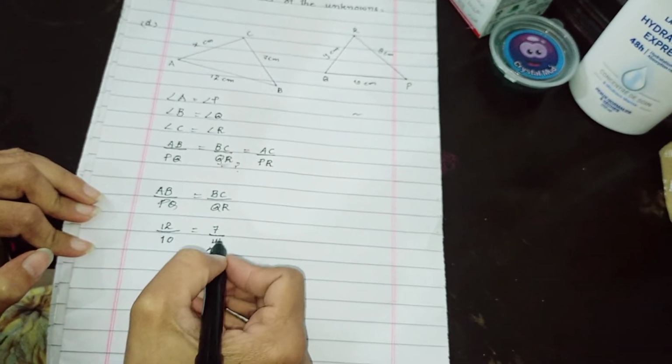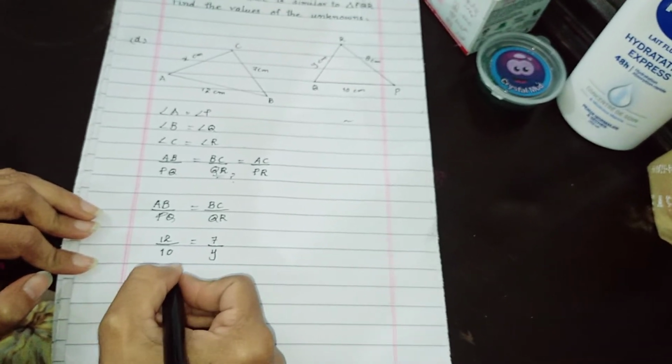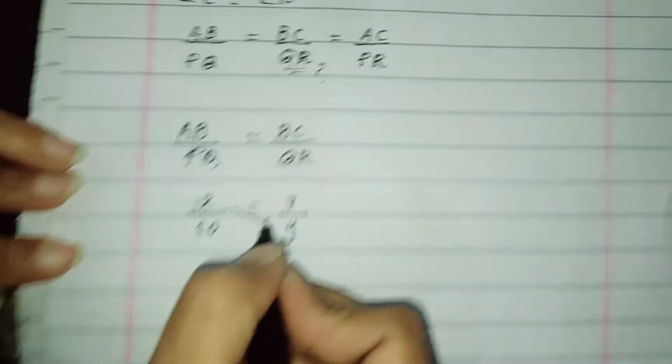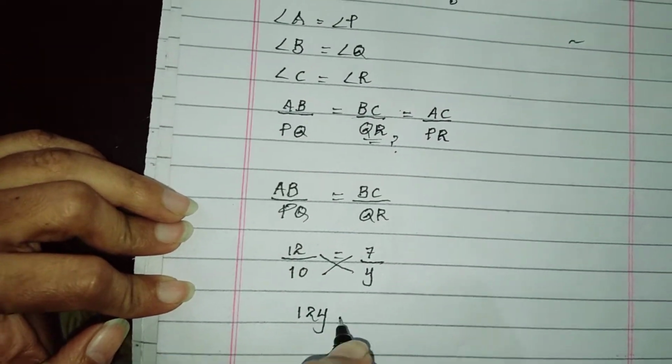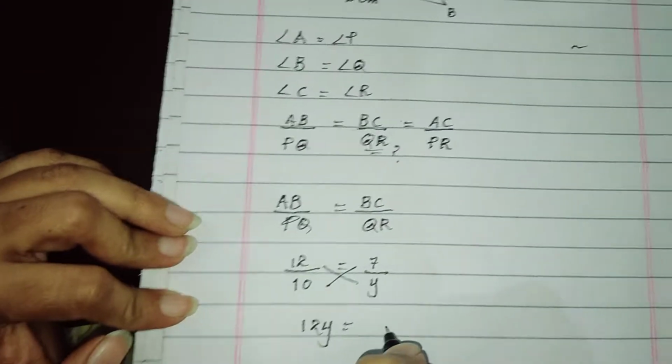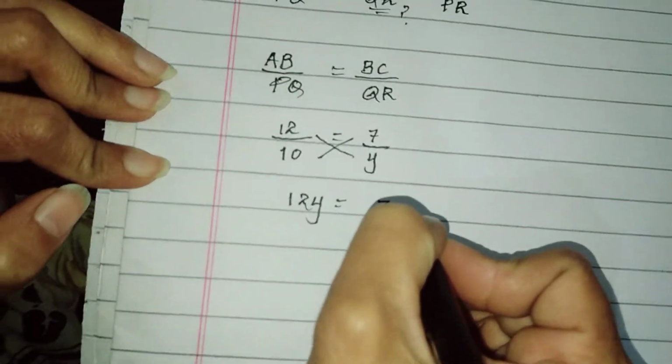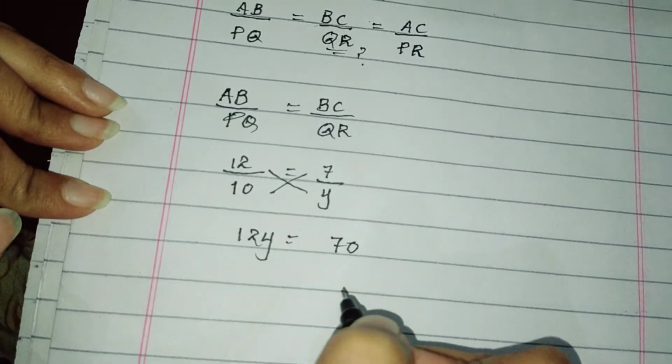When we cross multiply, we will get 12Y is equal to 70, meaning 12 multiplied by Y and 10 multiplied by 7.